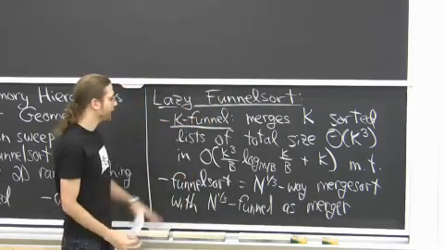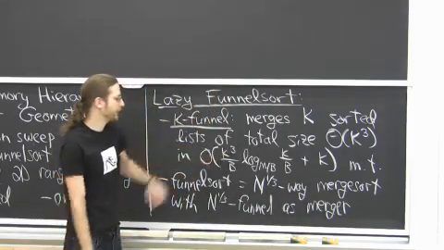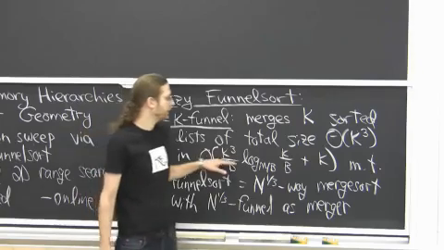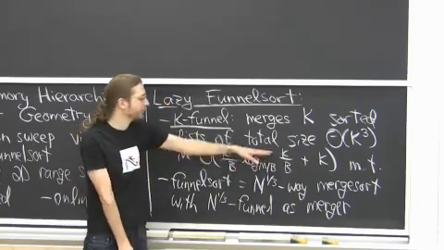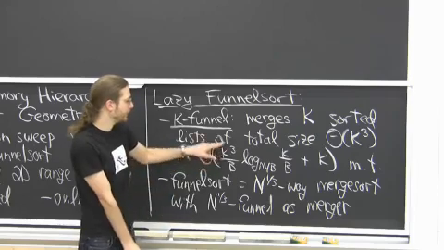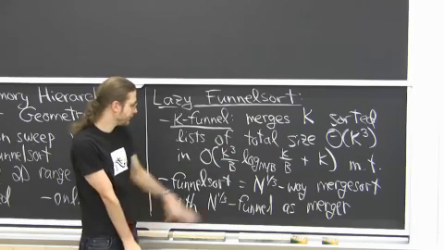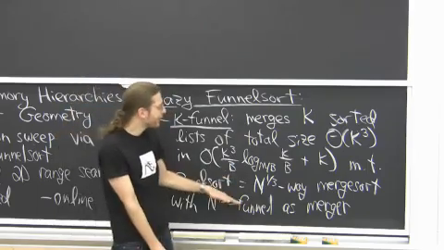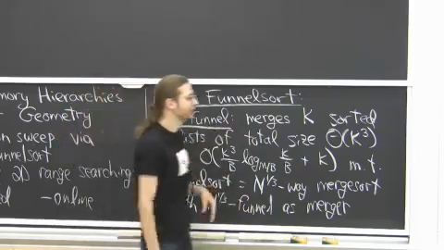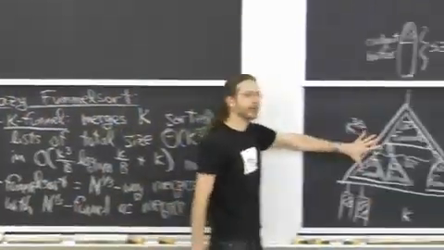We can only afford up to n to the 1/3 because of this cubic thing. We can only merge, if we want the sorting bound n over b, log base m over b of n over b, we can only afford k being up to n to the 1/3, so that's the biggest we can do. So it's a recursive algorithm where each of the merging steps is this recursive data structure.